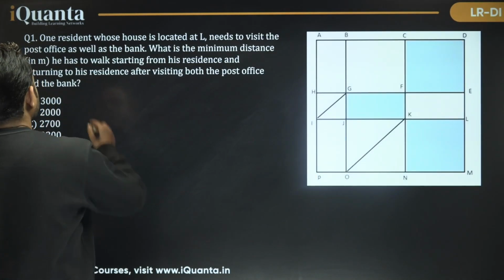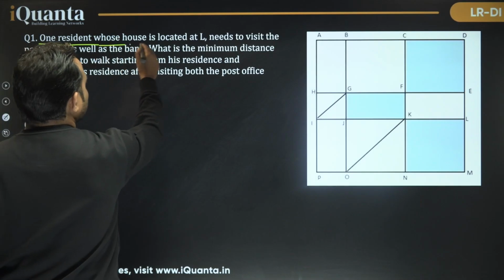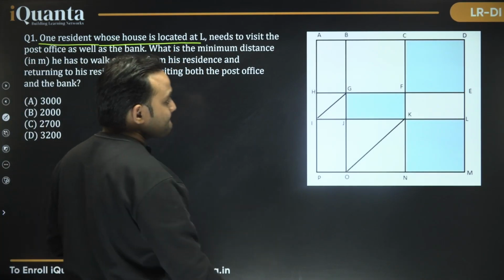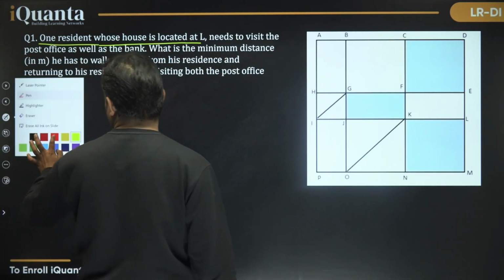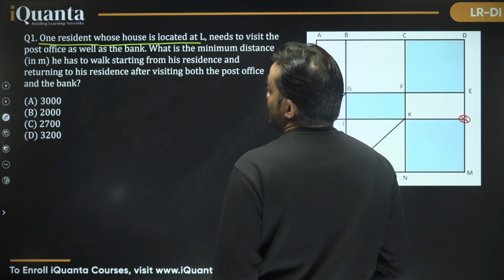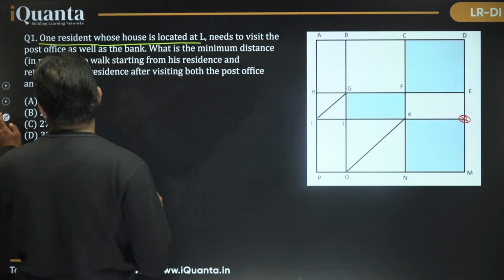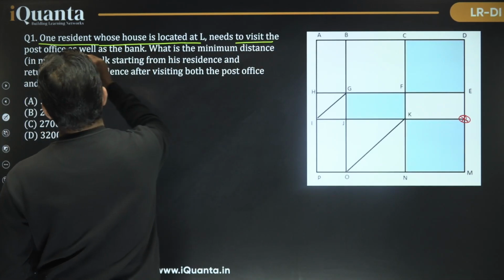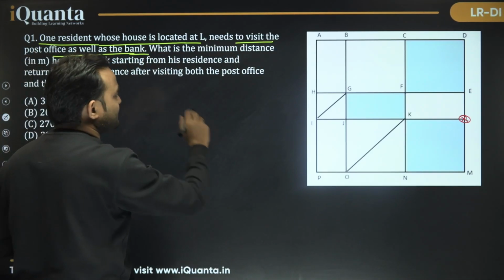First question. One resident whose house is located at L needs to visit the post office as well as the bank.